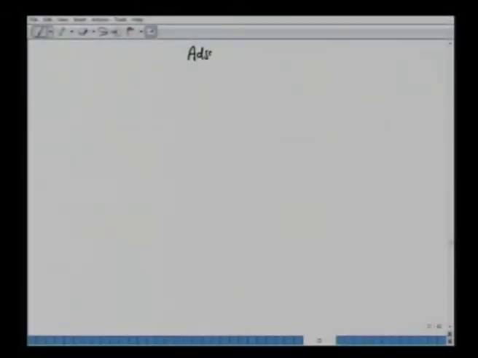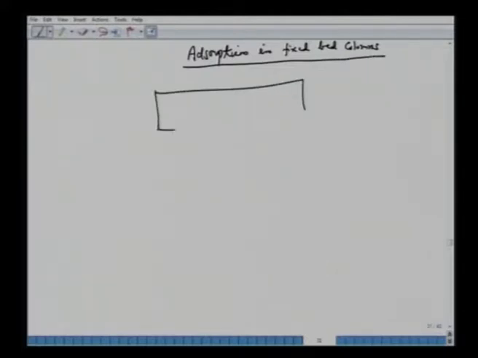Okay, so let's begin with today's lecture, adsorption in fixed beds or fixed bed columns. These are all packed bed columns. Schematically, maybe you have a tube or a column, could be vertical as well.